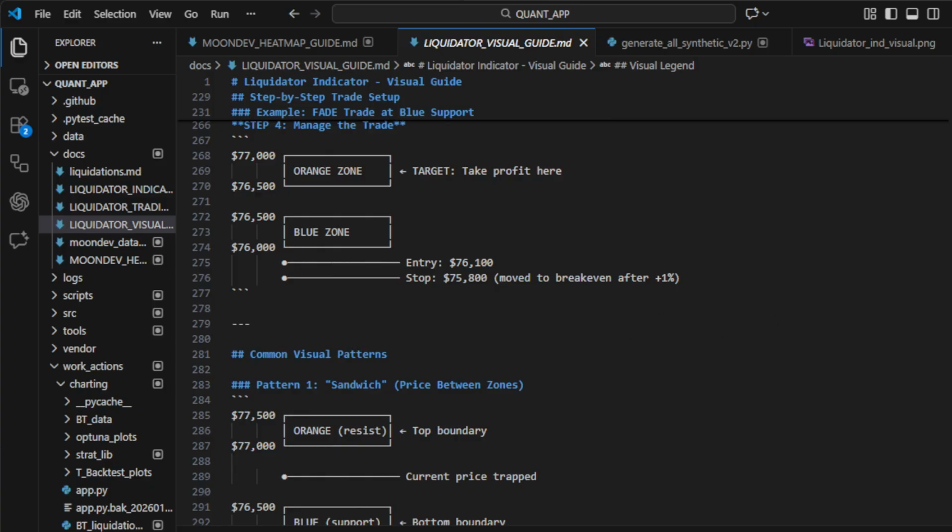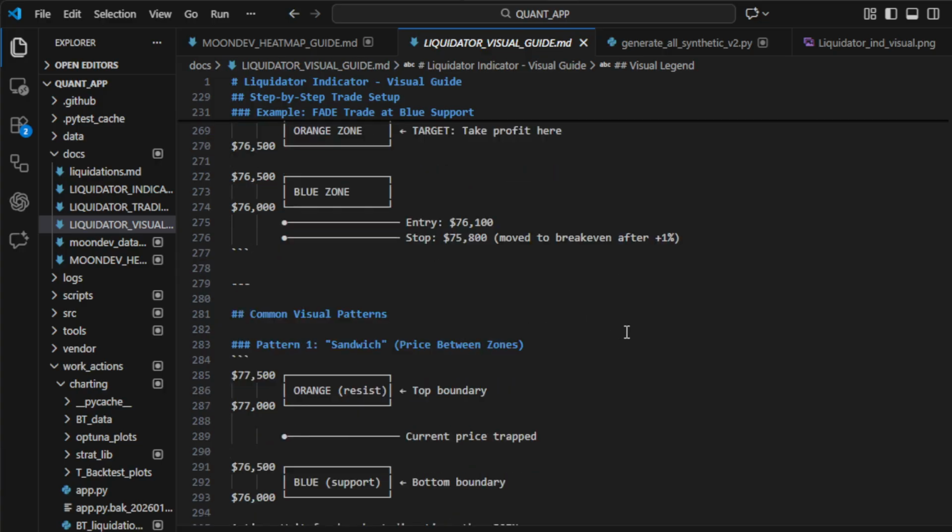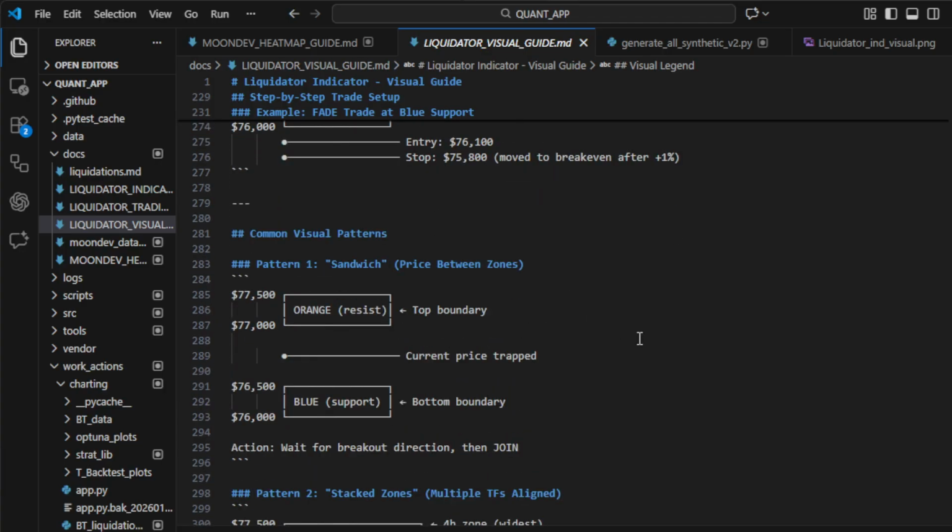I even searched for this data on WebSockets and could not find anything. You can't get liquidation data from a WebSocket or an API REST call. You really have to find it on the node. I researched that also.